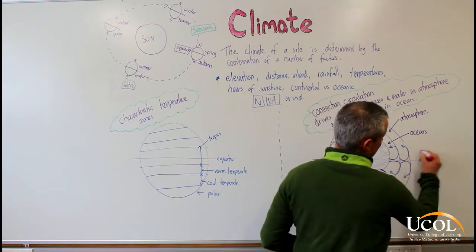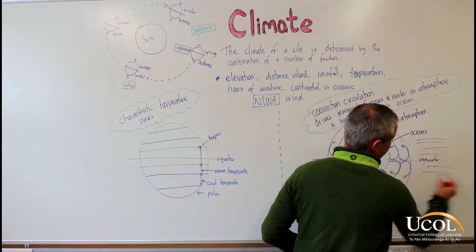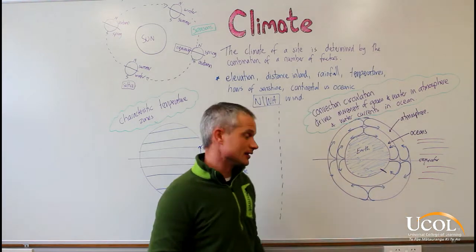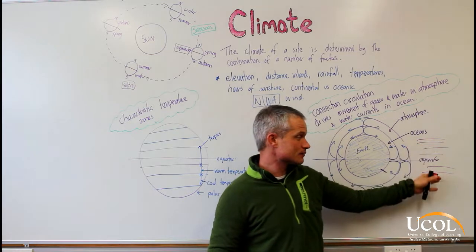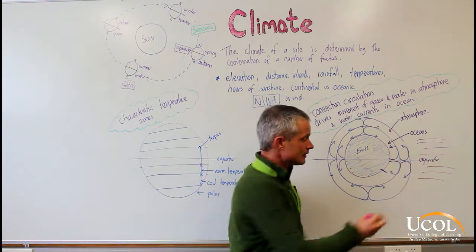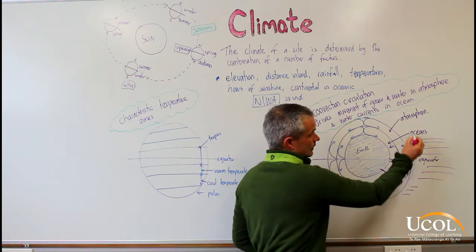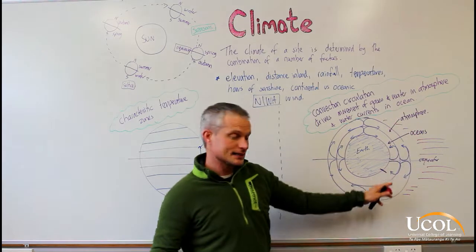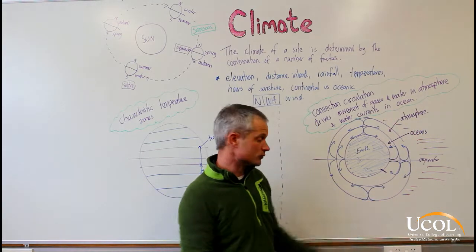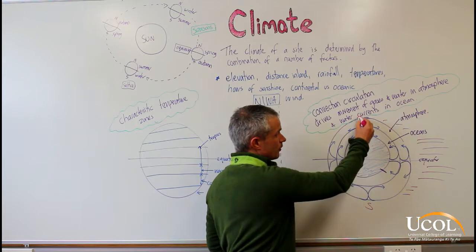So when you look at the heat that the Earth receives from the sun, it receives most of the heat around the equator, and then increasingly less heat towards the poles, so in the south and the north poles.